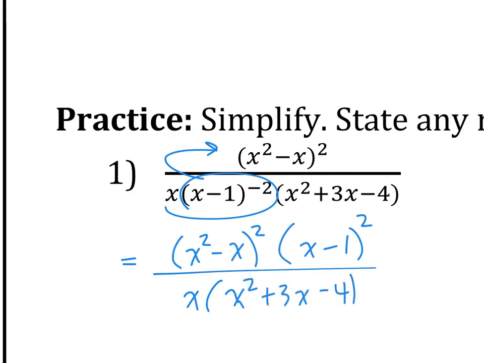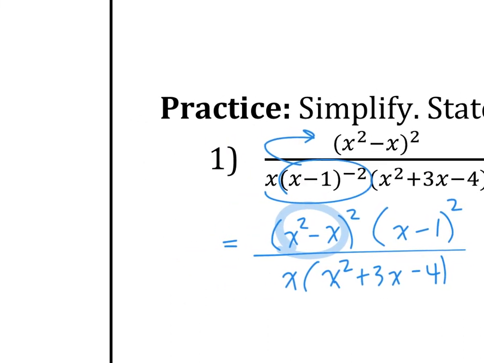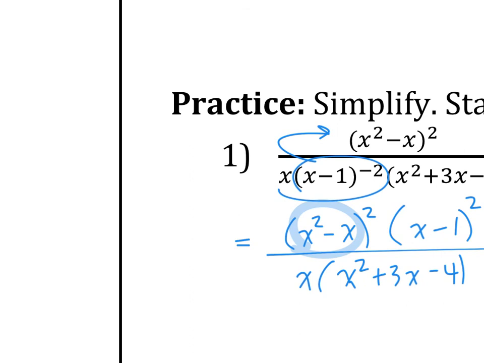All right, again, factor, factor, factor. This one is factorable, right? What can we do to factor that? X squared minus x. Take out the x. So that becomes x times x minus 1, the whole thing squared.